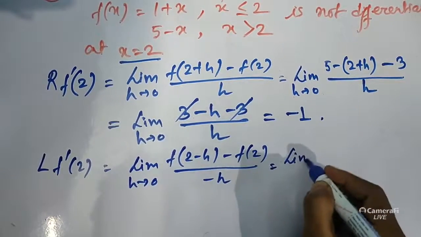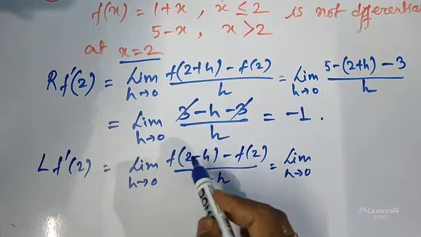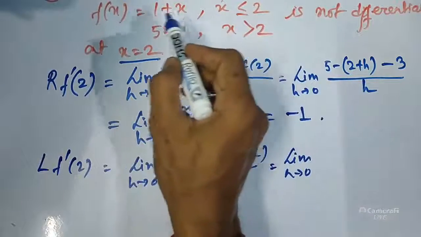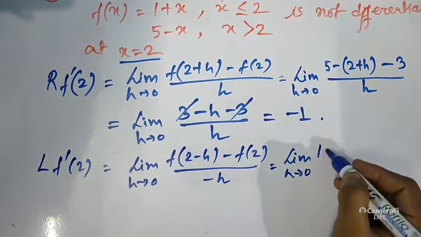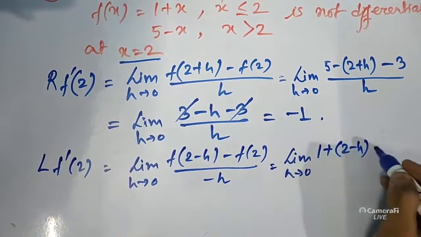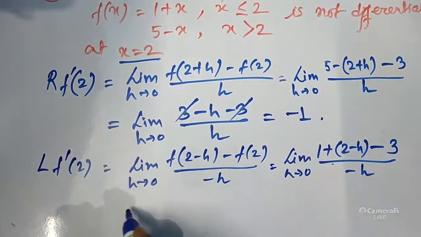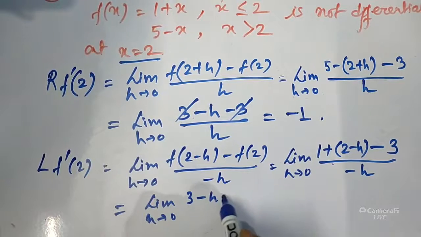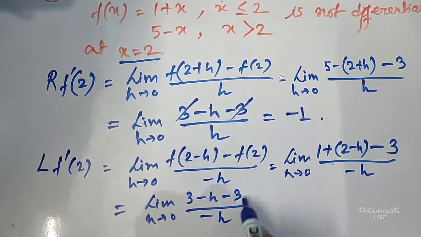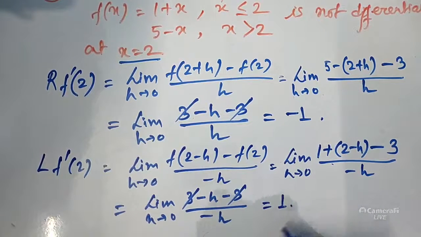Now f of 2 minus h, meaning less than 2, so which value do we take? 1 plus x, and in the place of x we write 2 minus h, so 1 plus (2 minus h) minus f of 2, the same 3, divided by minus h. Limit h tends to 0, 2 plus 1 is 3, 3 minus h minus 3 divided by minus h. 3 minus 3 cancel, minus h cancel, so this equals 1.